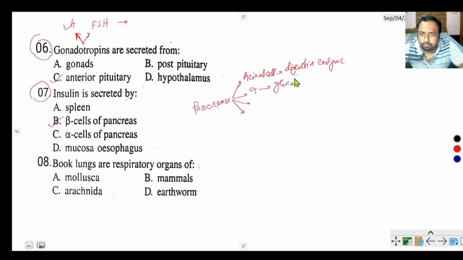This hormone helps to raise the blood glucose level. Beta cells reduce the blood glucose level by secreting insulin. Then delta cells produce somatostatin that regulates the secretion of other hormones. And another cell is the PP cell, pancreatic polypeptide cell.